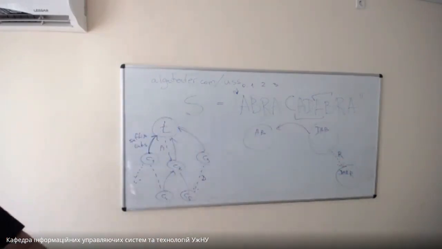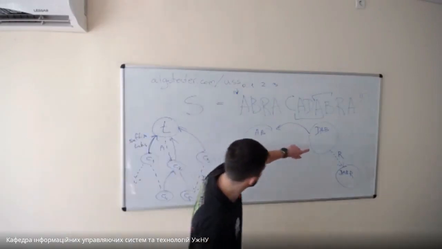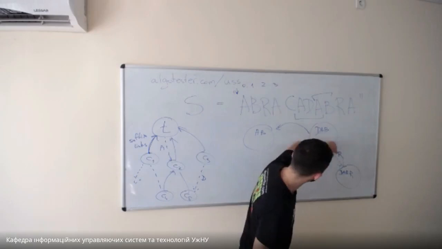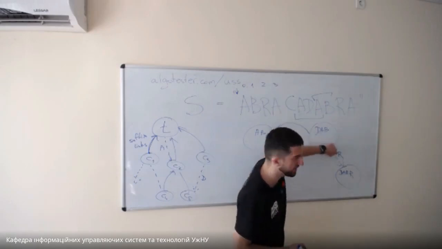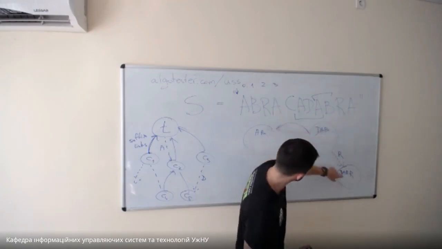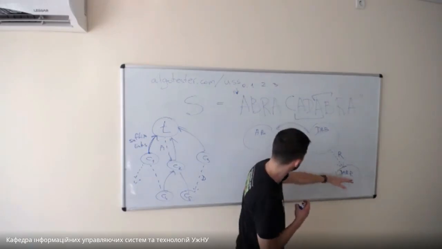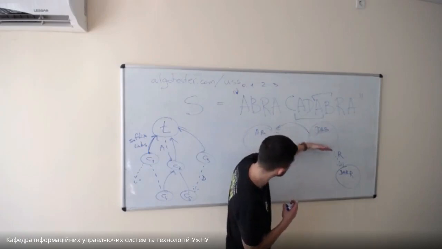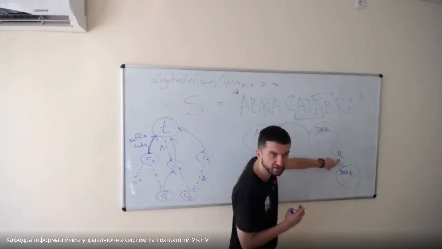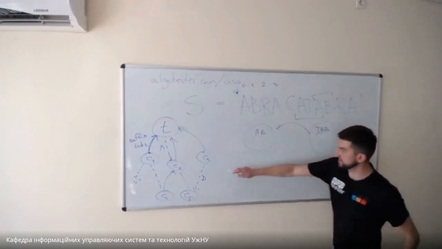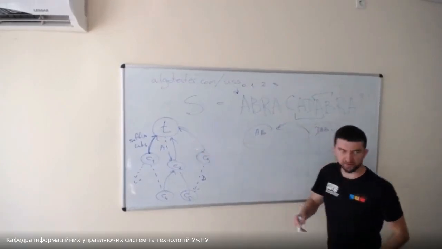It means that if we follow this transition, we have to print letter R, and we have to reach some class of equivalence which contains strings from here plus letter R. So these are transitions, and these are suffix links.